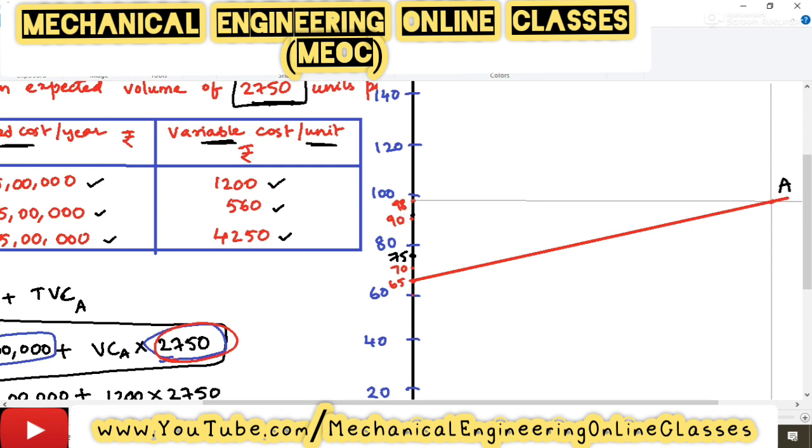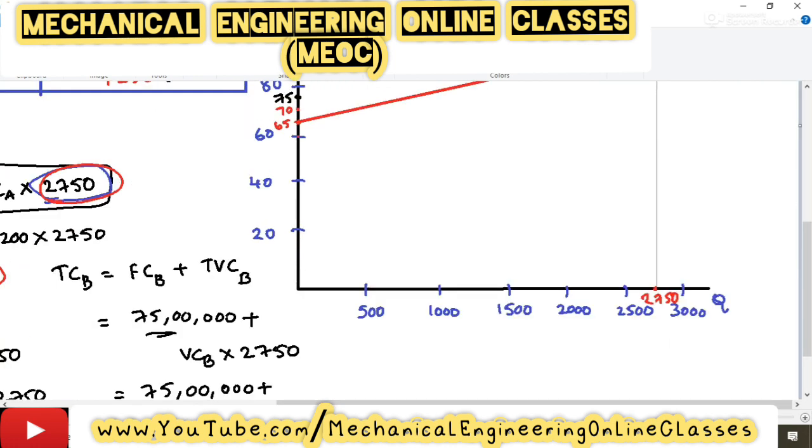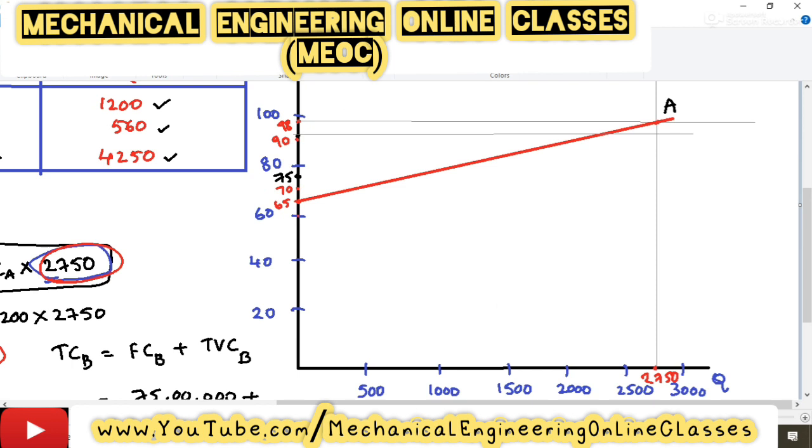So from this I will draw a horizontal line to meet the vertical line which is drawn from 2750. So from the 75 lakh point, that is the y-intercept point, to the new intersection point here, I'll draw another straight line.